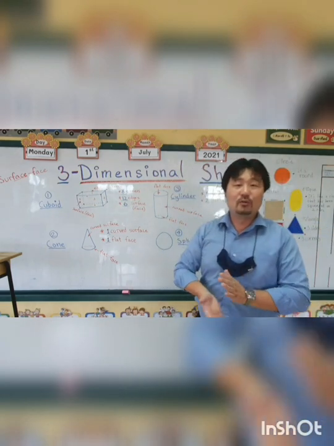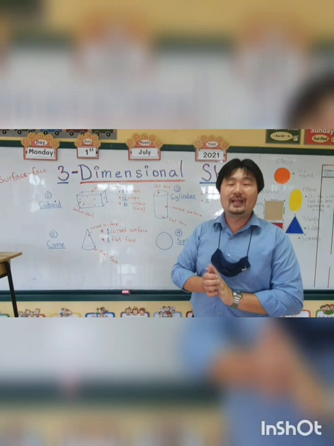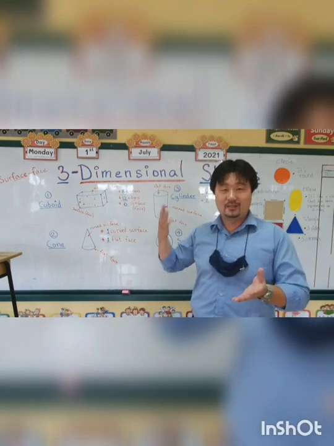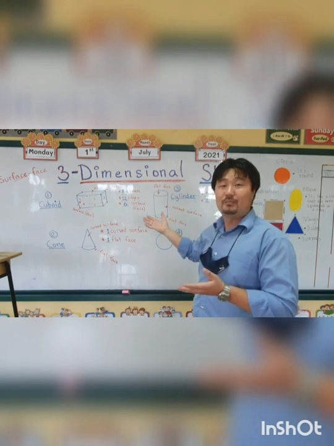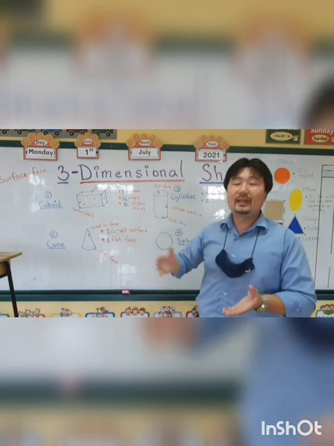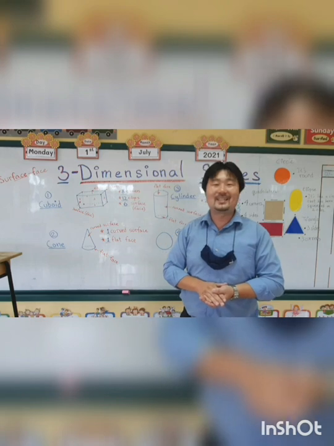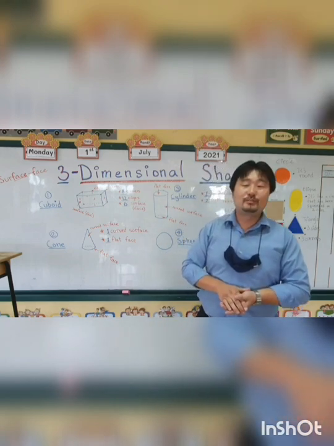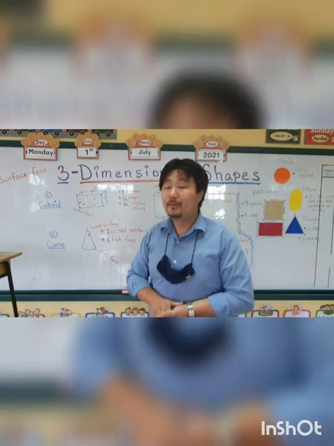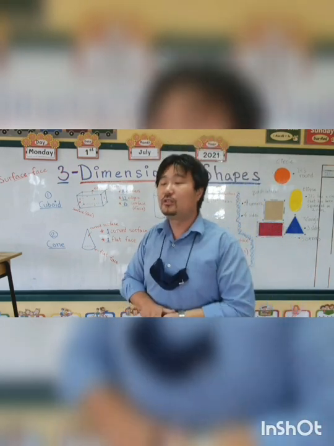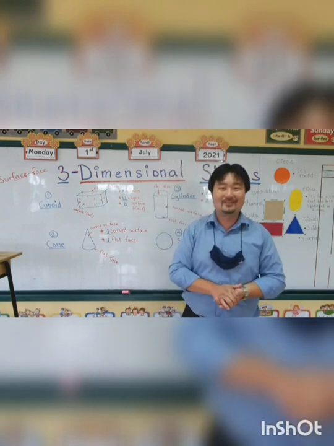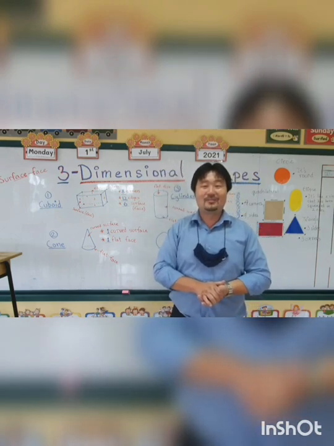So let's go to the book, and I will explain a little bit more just to show you how the book explains the same thing that I have just been explaining to you. And then we're going to do a few easy exercises in the book. Okay? So open your books to page 127. Alright, good. So I will see you in a few seconds.